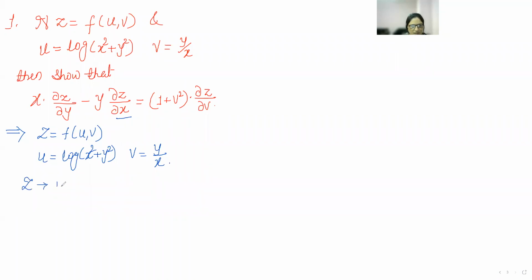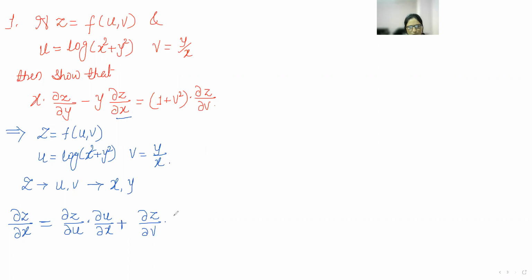Z is function in u and v, where u and v are functions in x and y. So taking derivative of this z with respect to x first. Dou z by dou x is equal to dou z by dou u into dou u by dou x plus dou z by dou v into, is it correct?